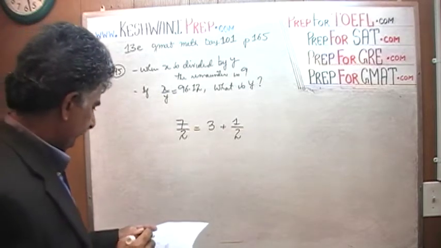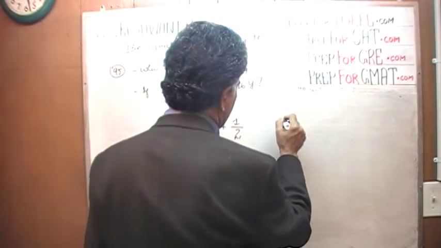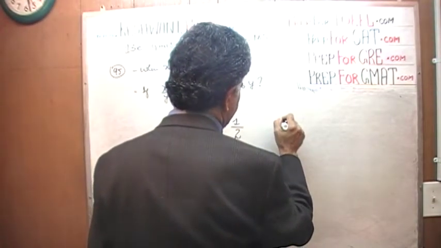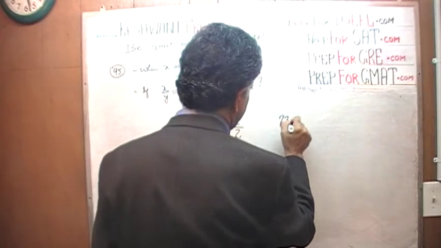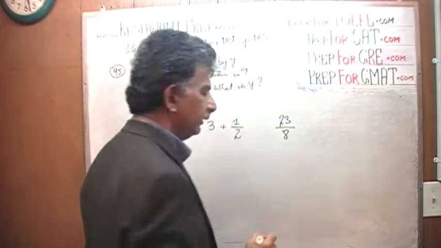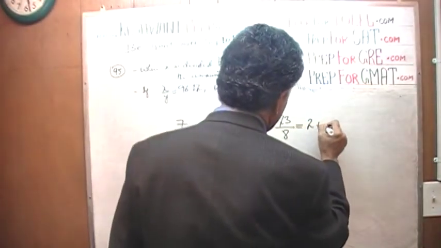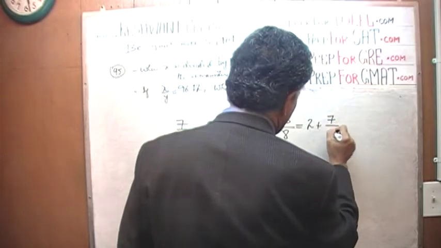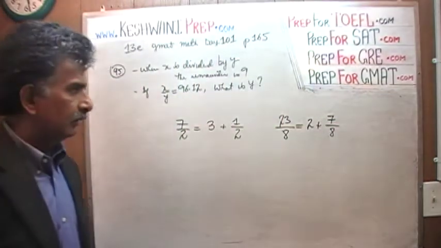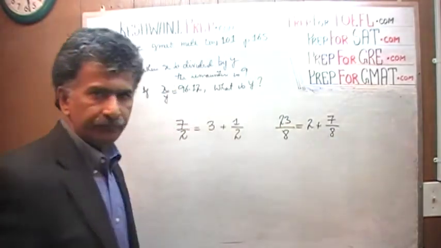Similarly, 23 divided by 8, we can write that as 2 plus 7 over 8. Whatever the remainder is, here it is 7 over 8.